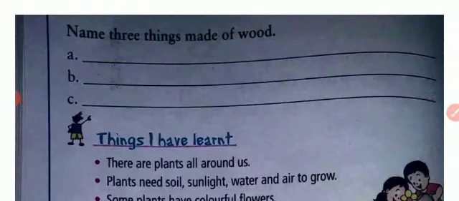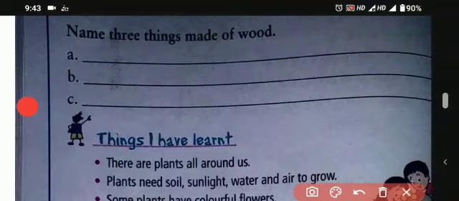So now students, we will do some exercise, that is, name 3 things made of wood. First thing which is made of wood is chair.